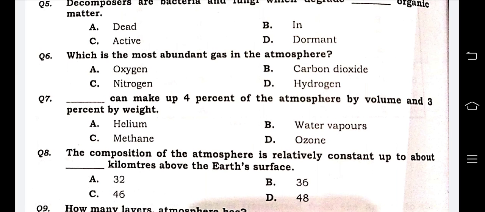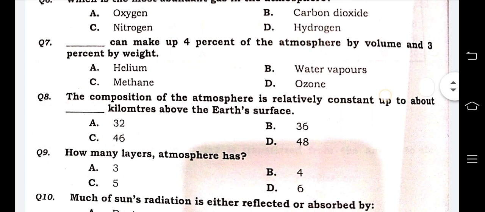So the composition of atmosphere is relatively constant up to about 36 kilometers above the earth's surface. Question number 8, option B is correct answer. How many layers does the atmosphere have? Option A 3, option B 4, option C 5, option D 6. So atmosphere has 5 layers. Option C.